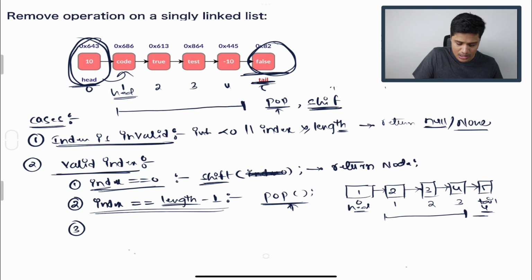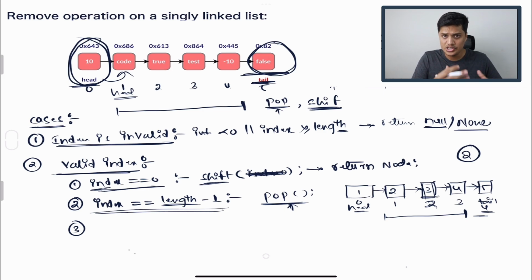Now let's assume that in our implementation the index that is given by the user is 2. So we have to delete this node with the value 3 because it is at index 2. Now to delete this node, we have to make sure that we update the next pointers that we are keeping track of in each and every node.